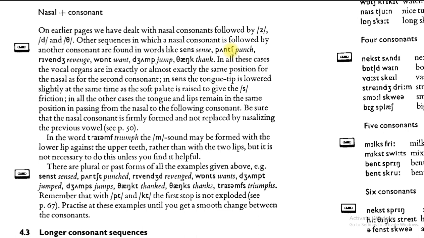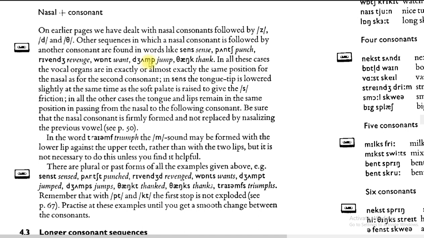They are almost at the same area. As for nj, the tongue moves around at the same area, or almost the same place. So n and t at the same position. Nt.